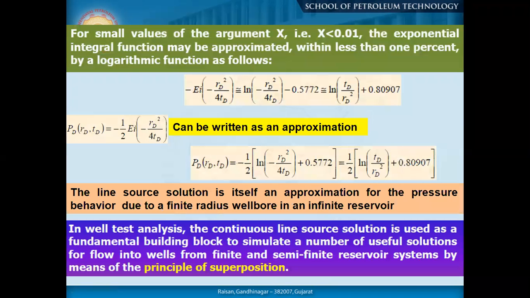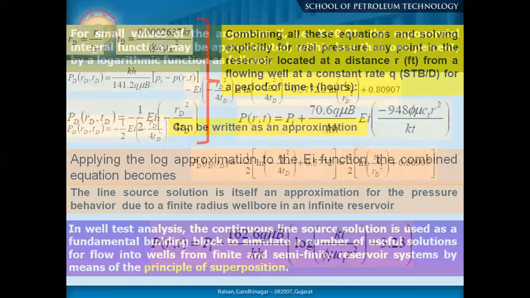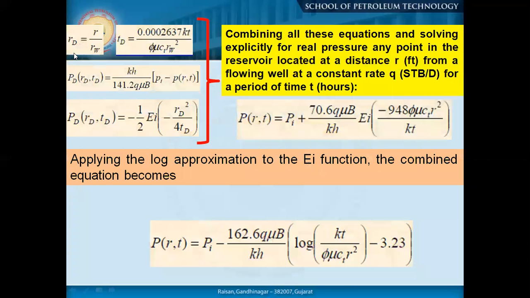So now these are all related to what we know, the relations between the dimensionless pressure and our normal field values, field units. This is dimensionless radius. This is dimensionless time, how it is related to t, this is dimensionless pressure. So once we discuss the diffusivity equation in terms of the dimensionless form, it would be this.